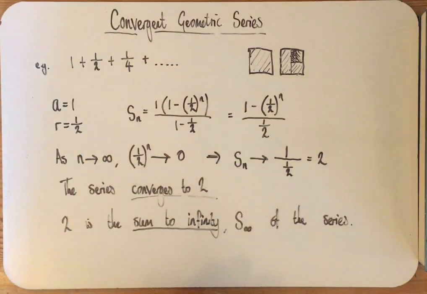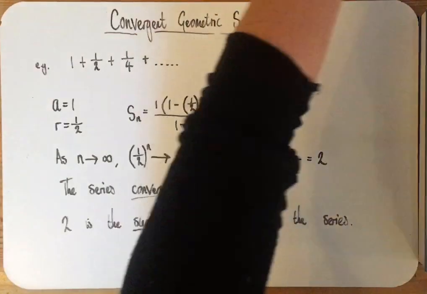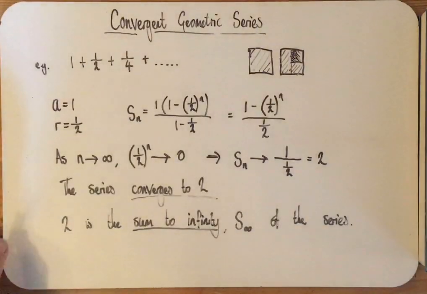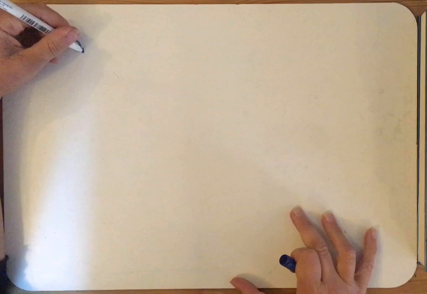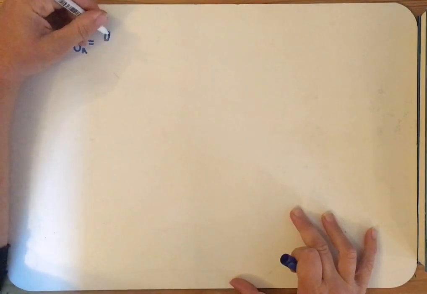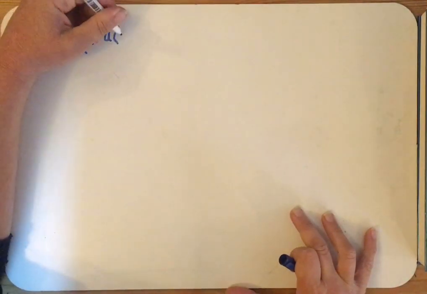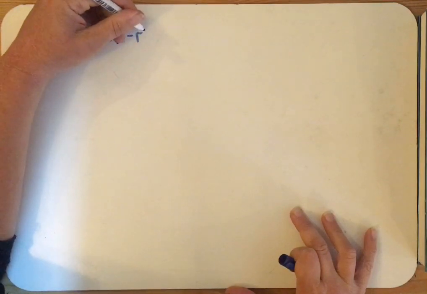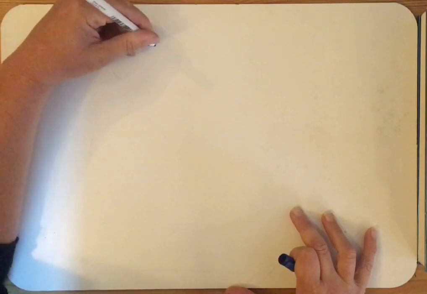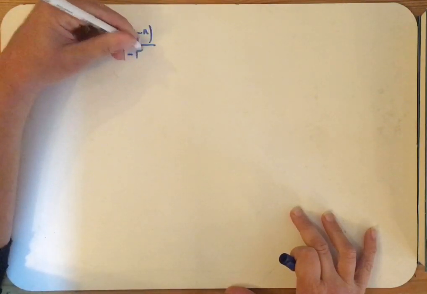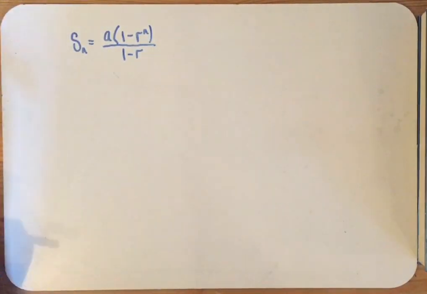So if I go back to the formula for the sum of the first n terms, the sum of the first n terms is a lots of 1 minus r to the n over 1 minus r.